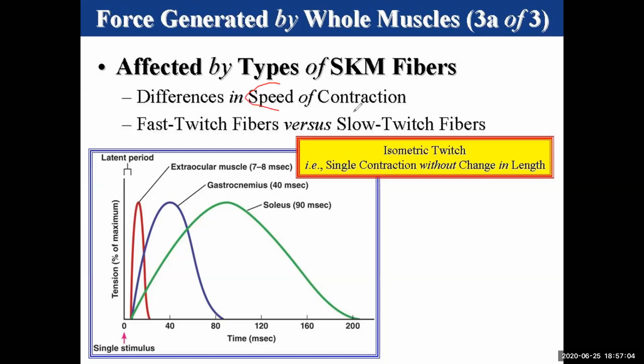Speed of contraction is the time that it takes the extraocular muscle to contract. These extraocular muscles are basically 6 skeletal muscles that insert into your eyeball, right?